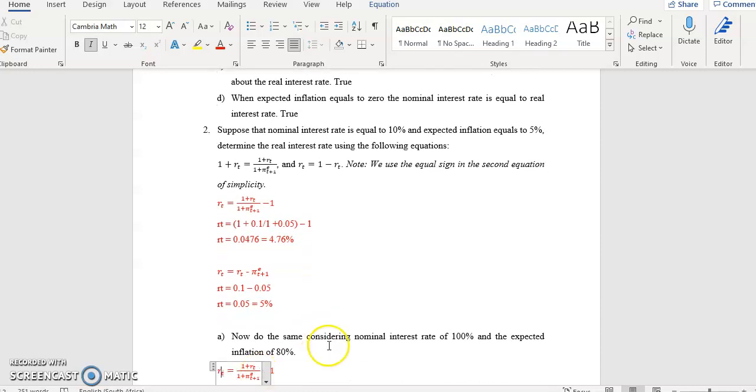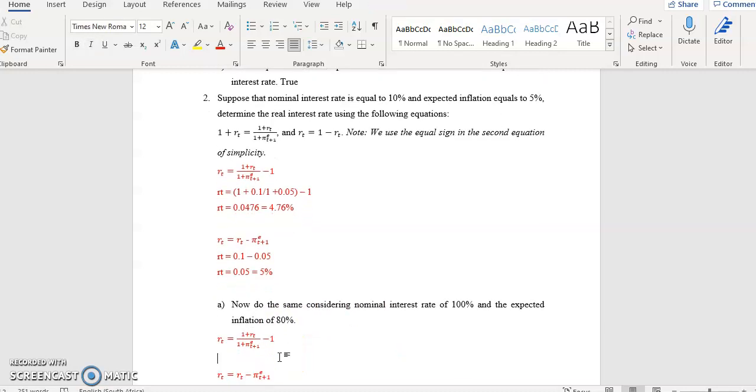And then the next part says, now do the same considering a nominal interest rate of 100% and expected inflation of 80%. Here you do the same, you just substitute your figures. So here we have 1 plus the nominal interest rate of 100%, that is 1, divided by 1 plus the expected inflation of 80%, that is 0.8, and then we minus 1.